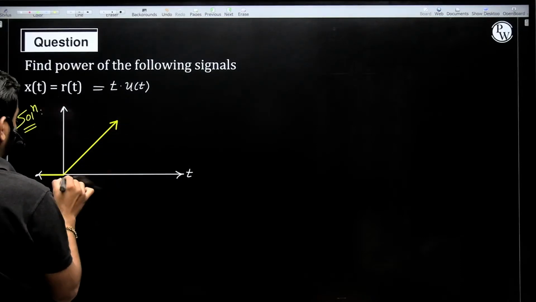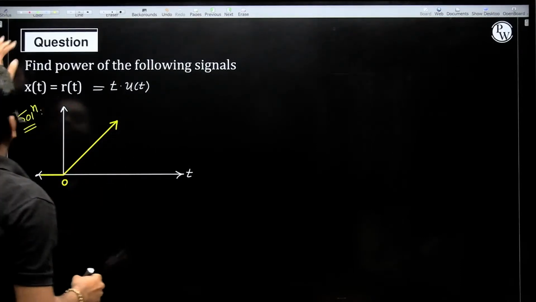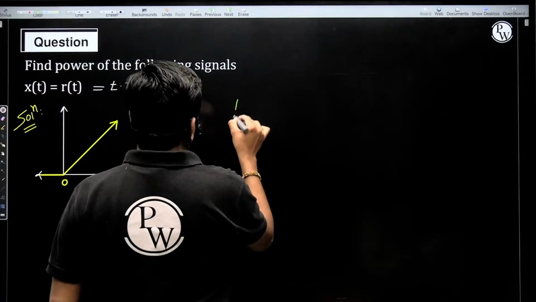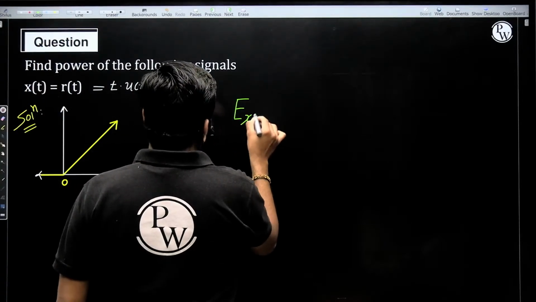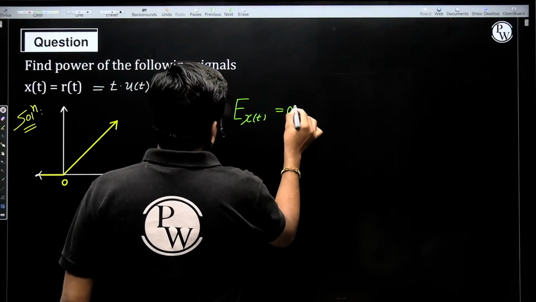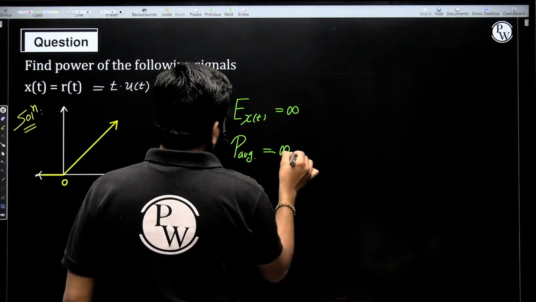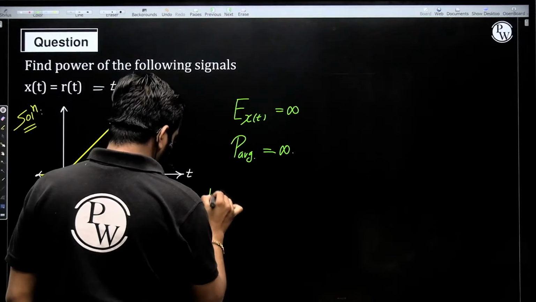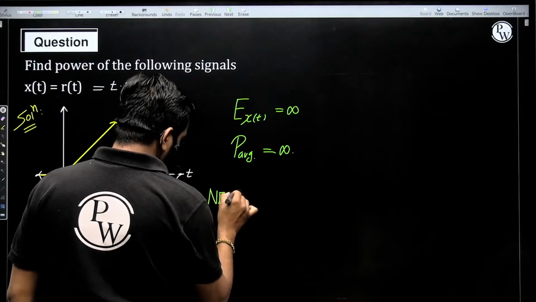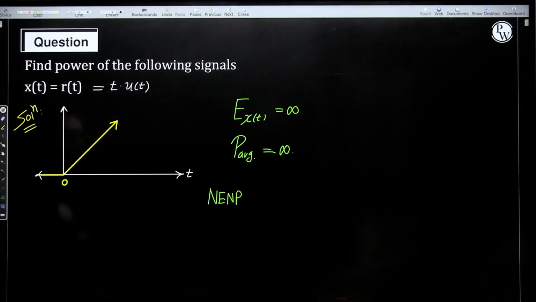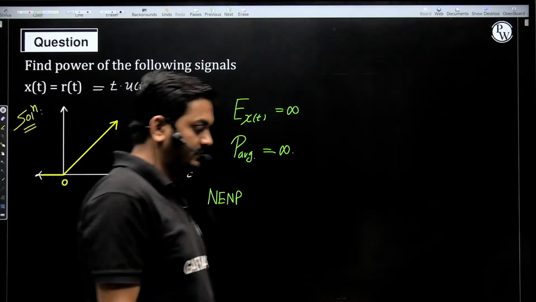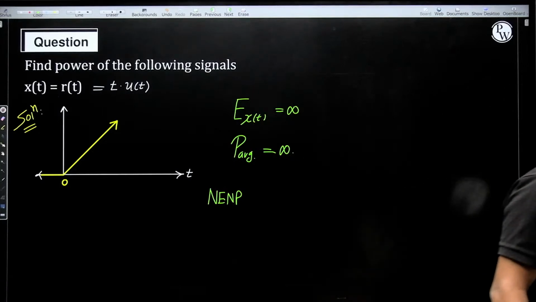If you calculate the energy, then the energy of this signal will be infinite, and the average power will also be infinite. So that's why this is also neither energy nor power signal. Clear to each and everyone?